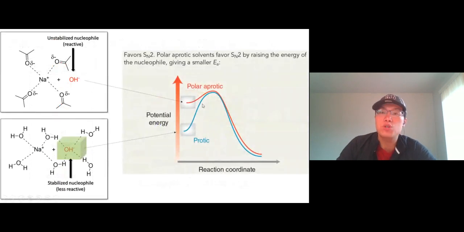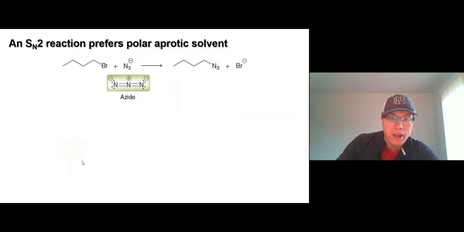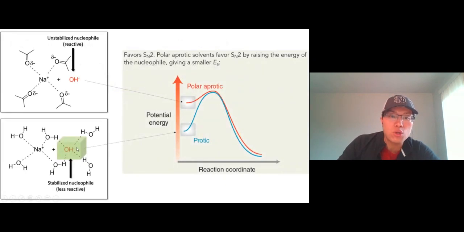All right. Let's say you do exactly the same SN2 reaction, but use a different solvent. Go back here. If you use a polar protic solvent that can form a hydrogen bond, let's say water, water can stabilize hydroxide. What happened? Well, it's more stable.